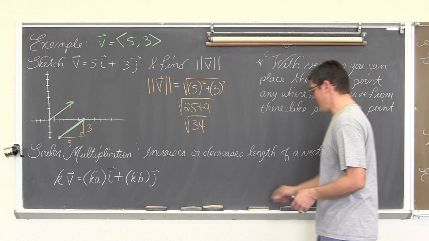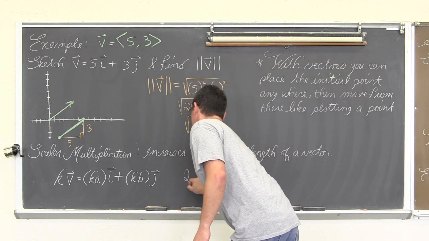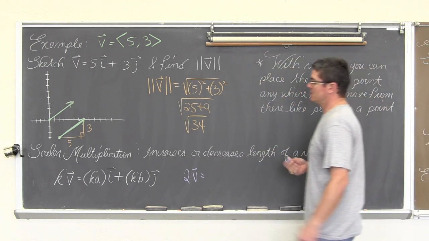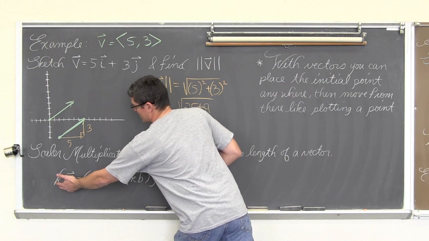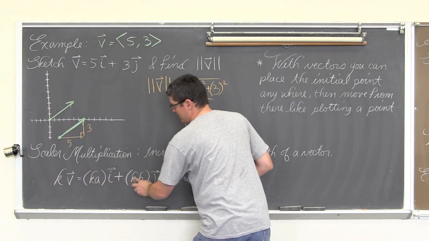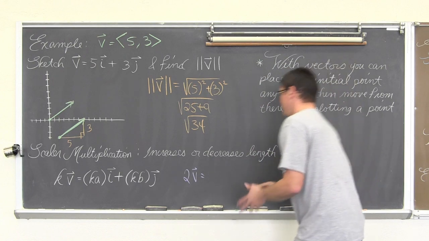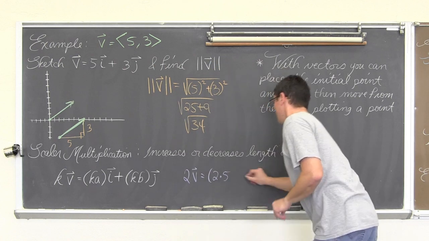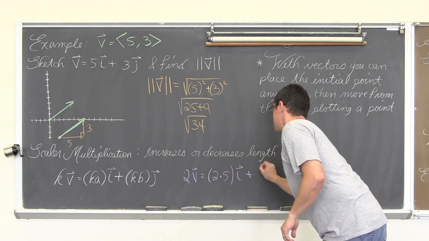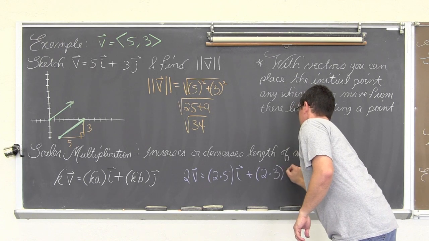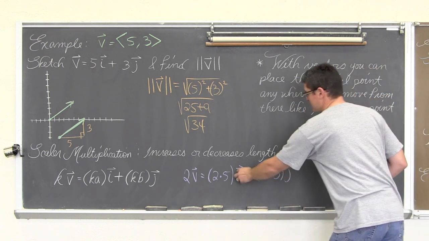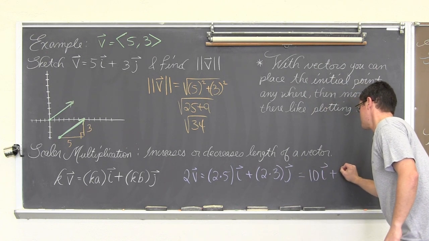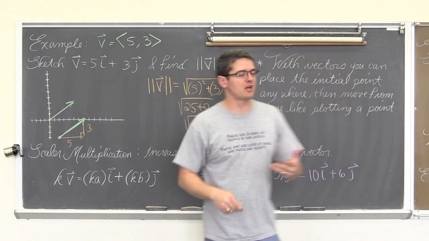Scalar multiplication increases or decreases the length of a vector. So, if I say I want 2 times vector V, then, well, it says if I want to do a scalar multiple of a vector, I do k times A and k times B. So, I'm just going to take 2 times 5, my A value, i plus 2 times 3 times vector j, my horizontal and vertical components, and my answer is 10i plus 6 vector j, or 6j.